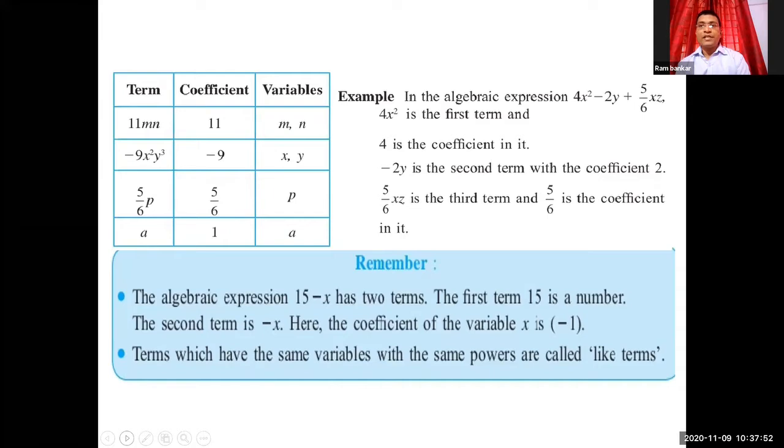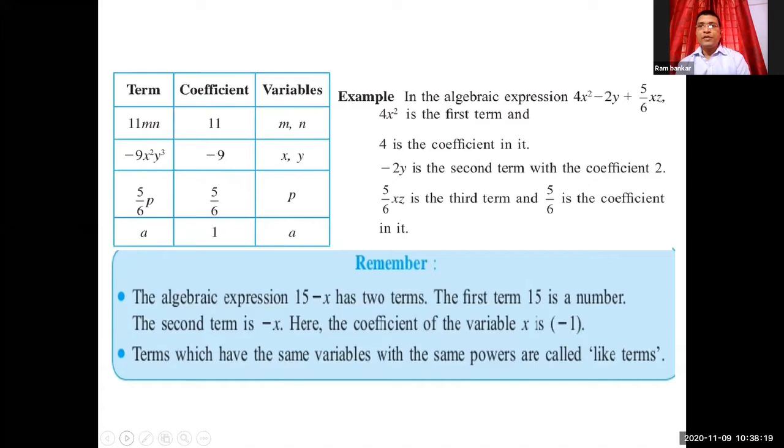How many terms are there? Before the minus sign, one term, 4x square. After minus and between two signs, minus and plus, 2y is the term. And the last term is 5 upon 6 xz. There are three terms. So in this, you will see 4x square is the first term.